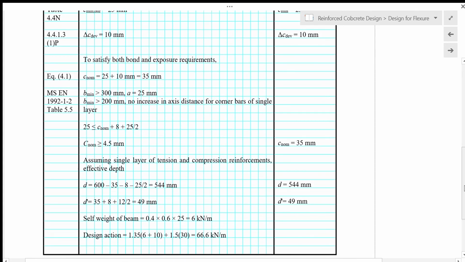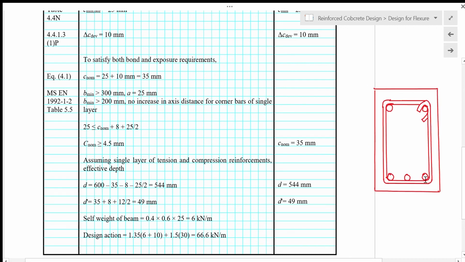After we have got that the nominal cover is 35 mm, then we can start calculating the effective depth of the tension reinforcement as well as for the compression reinforcement. So let's look at this illustration here for beam cross section. First of all, we would like to determine the effective depth of the tension reinforcement. So this is denoted by d.